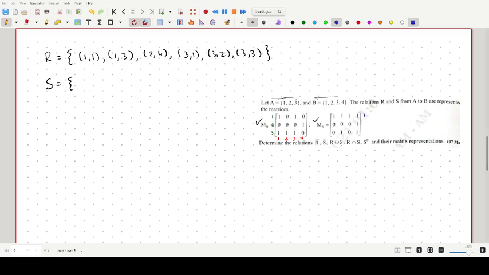So you see the first row is 1, second row corresponds to 2, belongs to A, the third row belongs to element 3, and the first column is element 1, the second is element 2, the third is element 3, the fourth is element 4, corresponding to set B. Okay, so the relation S would be 1 comma 1, 1 comma 2, 1 comma 3, and 1 comma 4, because all the four columns in row 1 are 1.